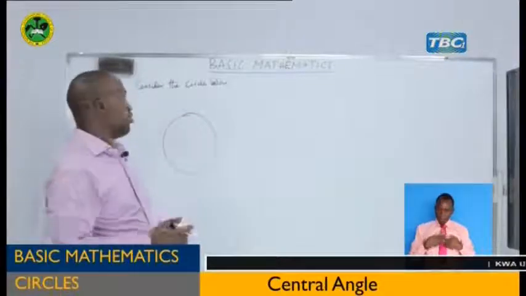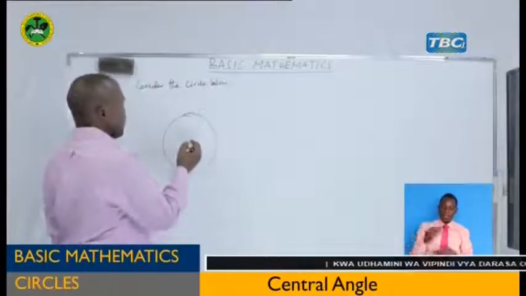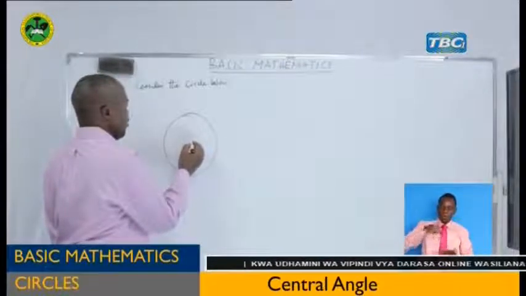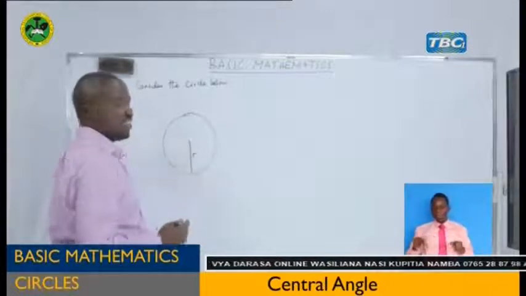Now, dear student, consider this is our circle. Of course, from the center of this circle to the point on the circumference, this we call a radius.